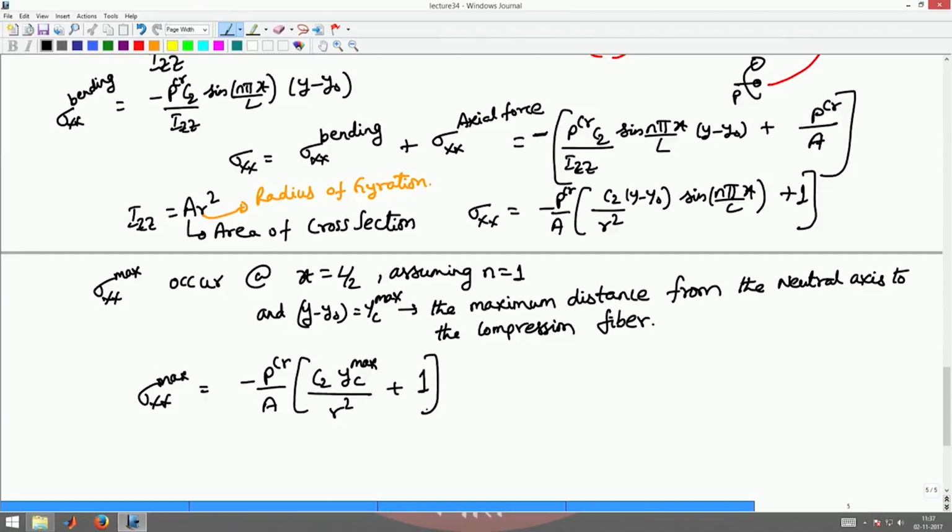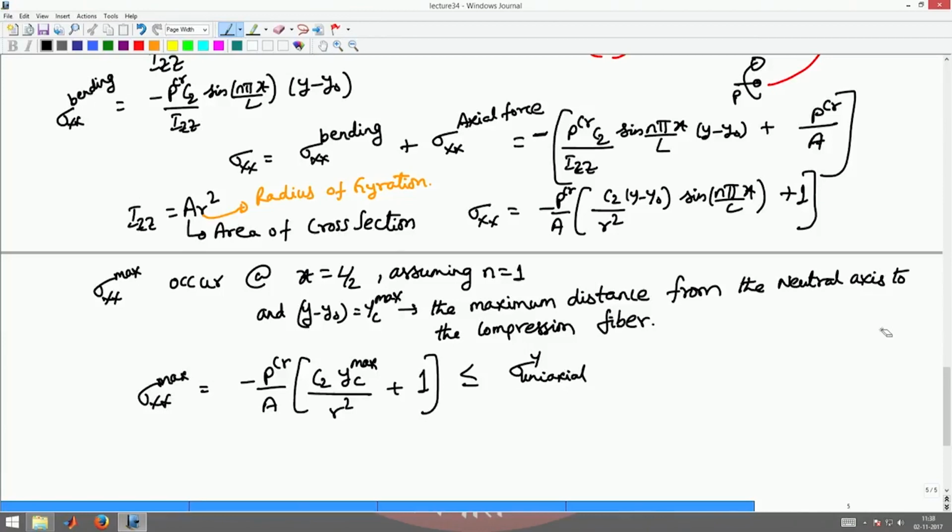Now, as C tends to infinity, you find that sigma xx max tends to infinity. That is not possible. This is a kind of uniaxial state of stress, wherein you have the sigma xx varying like this. So, once this stress reaches, say you are doing it on a metallic steel rod which obeys von Mises criteria, this should be less than or equal to sigma y uniaxial.